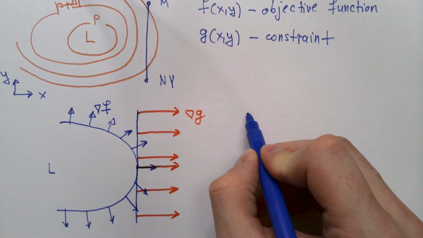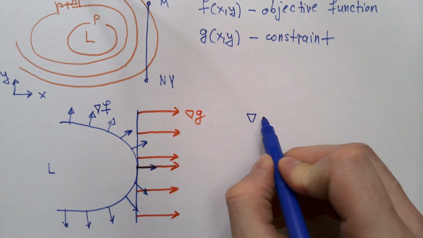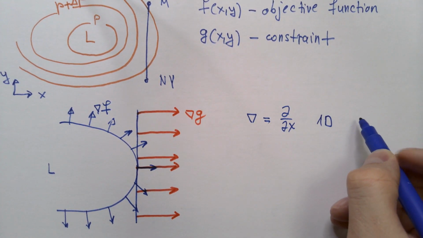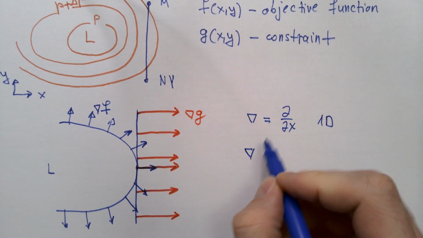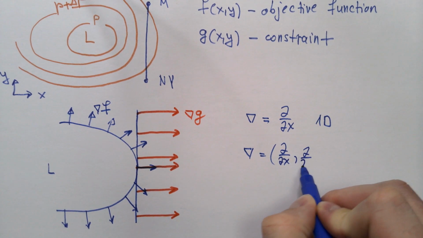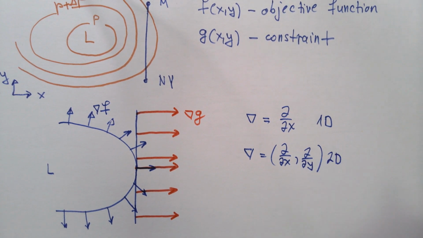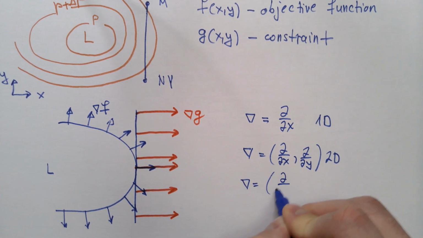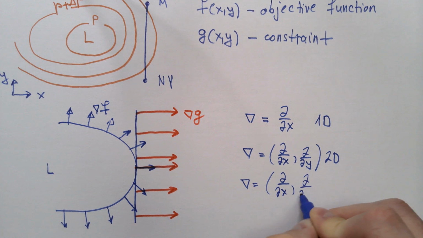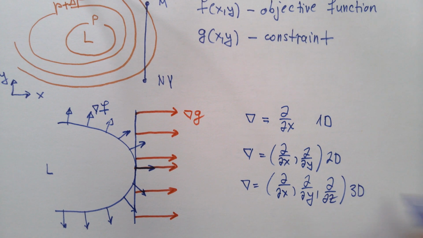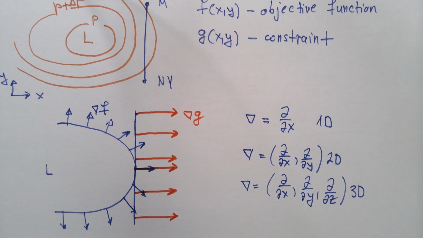Of course, the gradient operator nabla is equal to d/dx in the one-dimensional case. Nabla is equal to d/dx, d/dy in the two-dimensional case, and nabla is equal to d/dx, d/dy and d/dz in the three-dimensional case, and you get the point if you want hyperspaces or hyperdimensions.